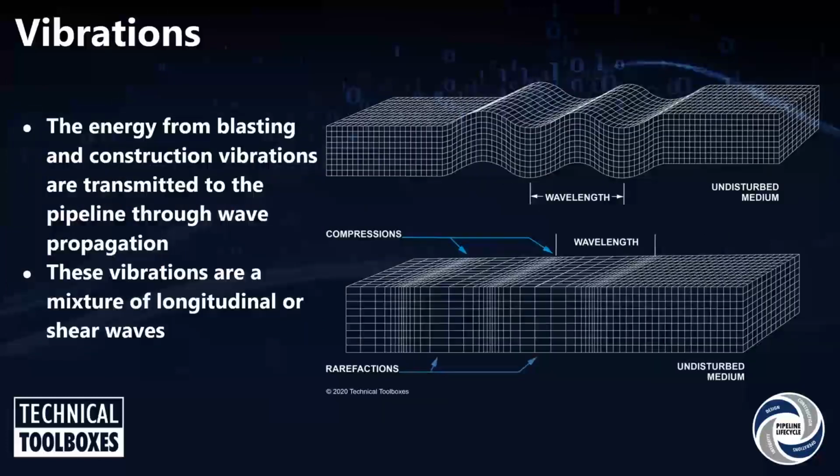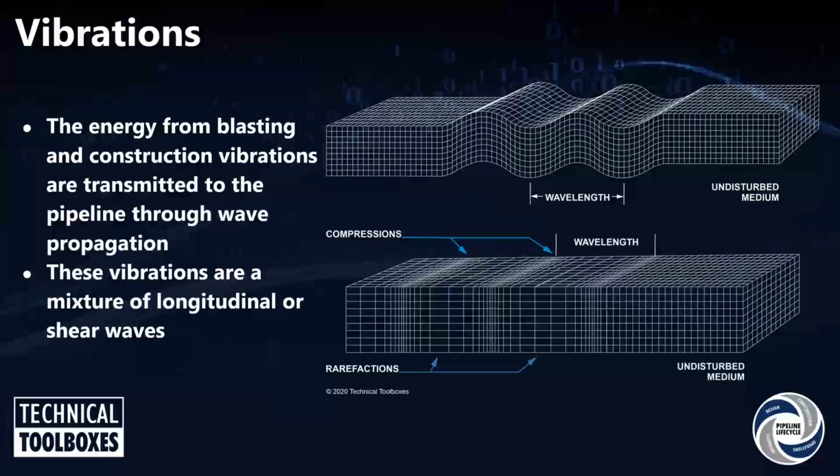This is a general overview. It's just a very quick overview of how a stress wave can propagate through soil. There are different wave types. There is a shear wave, and there is also a compressive wave. The picture at the top shows the shear wave and how it propagates. The lower picture shows the compressive wave.